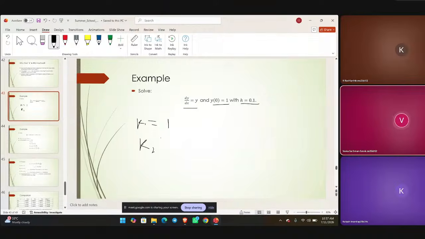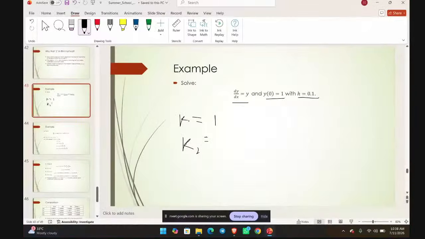And K2. So we take half a step size. The step size is 0.1, right? We take half of the step size and we reach a point using Euler method, and there we evaluate the slope. So using the previous slope K1, we reach y0 plus K1 times h by 2, because we are taking half a step.